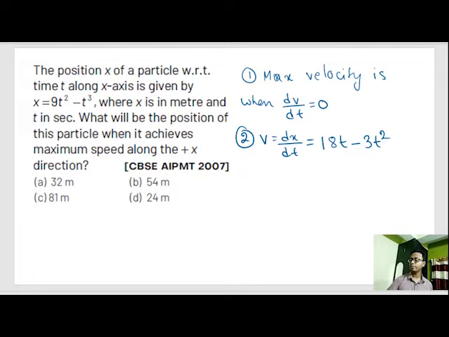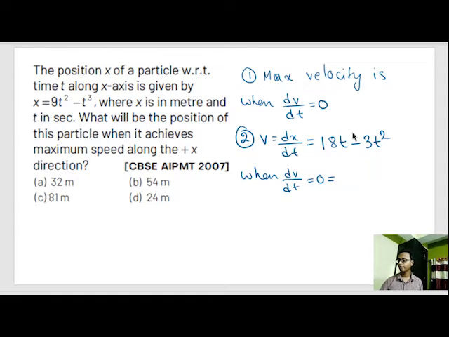Now when dv by dt is equal to 0, that is, when the differentiation of this equation is equal to 0, we obtain the maximum velocity.